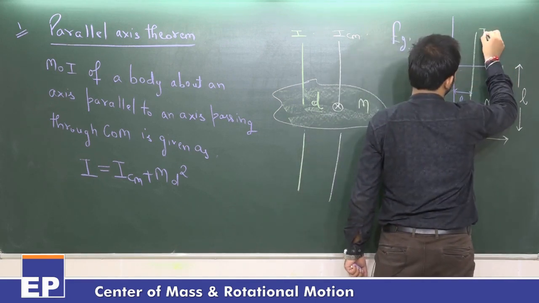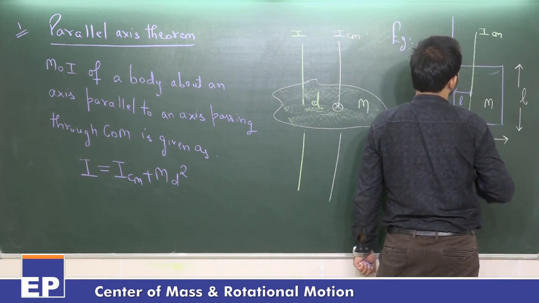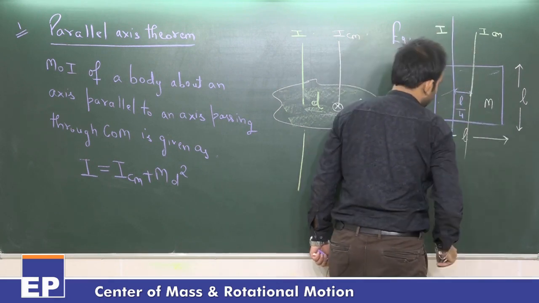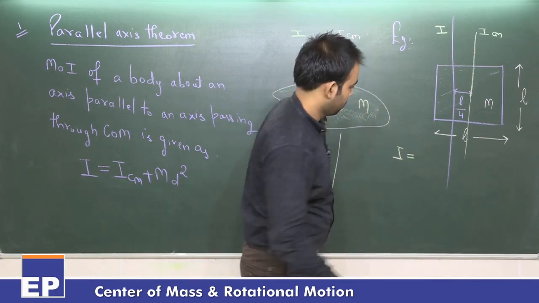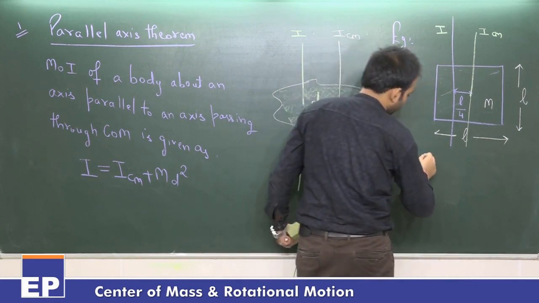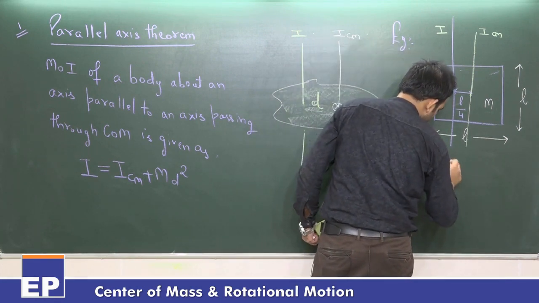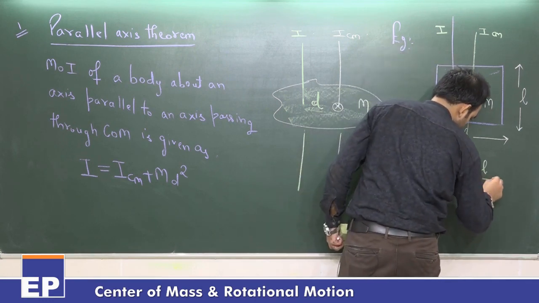So we know that the moment of inertia about this axis, that is ICM, and these two are parallel and distance between them is L by 4, so we can say I is equal to the moment of inertia about it is ICM plus m into जितना इसके बीच का डिस्टेंस है, that is L by 4 का होल स्क्वायर.